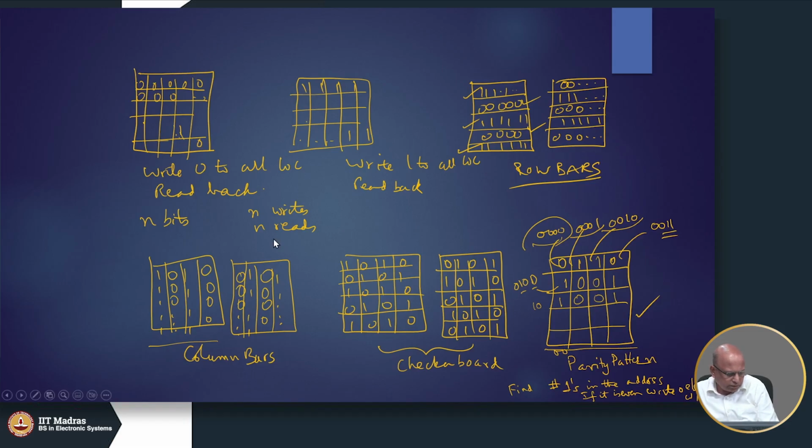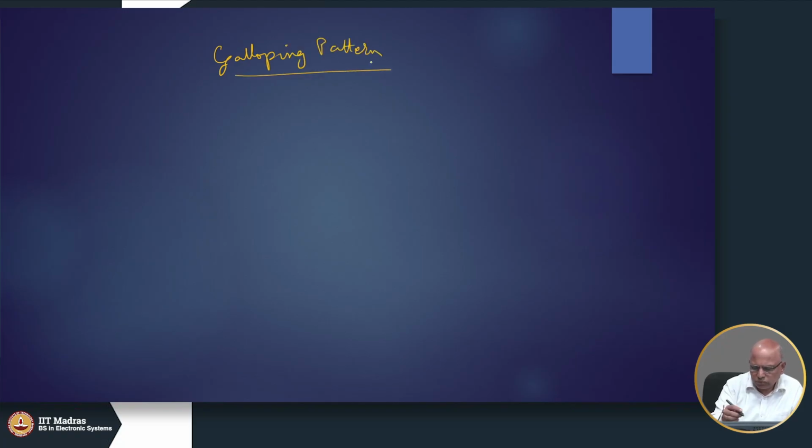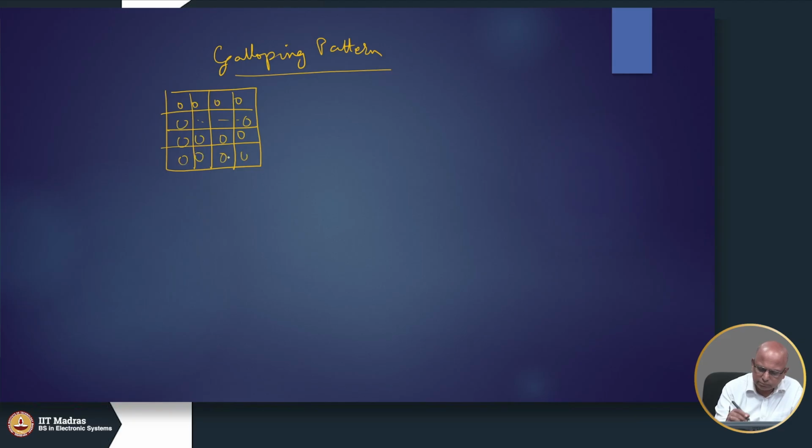They also come up with other patterns like galloping patterns. What does this do? I'll write all zeros. I'll start with this. Then the next step, I'll write a 1.